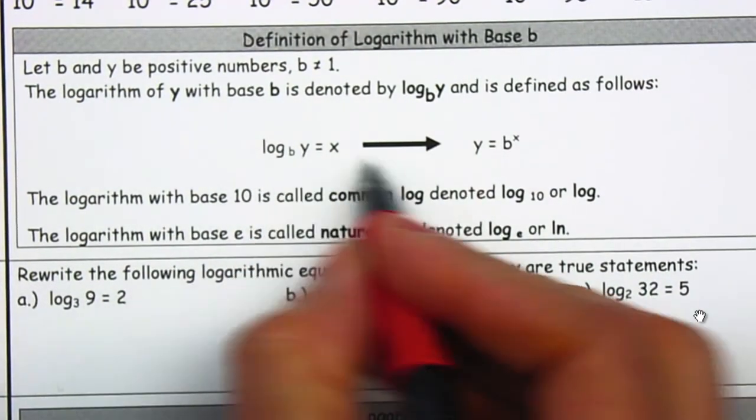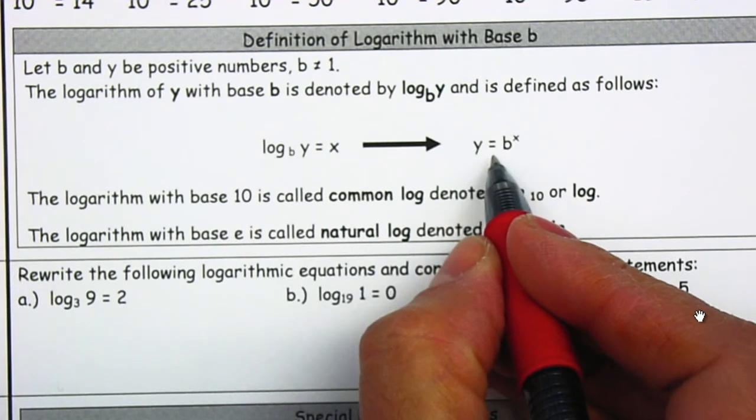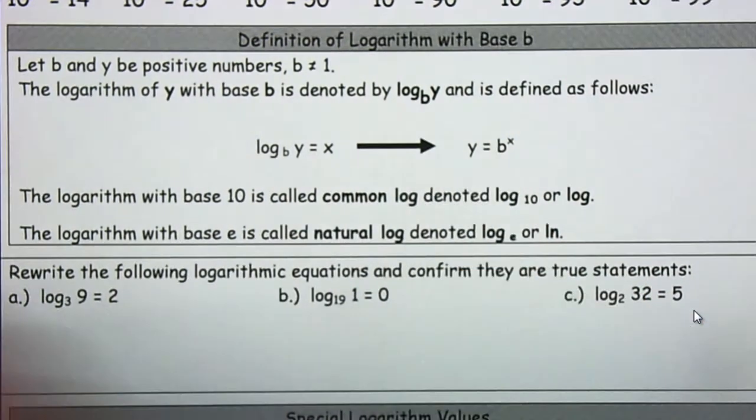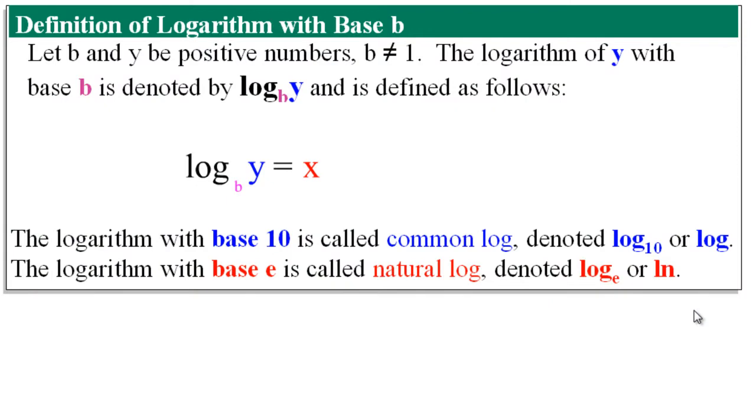The logs can be written as exponential form. And let me just illustrate it for you guys. We basically can rewrite the log. The b becomes the base. So the log can be written down as an exponent. Let me show you guys once again.